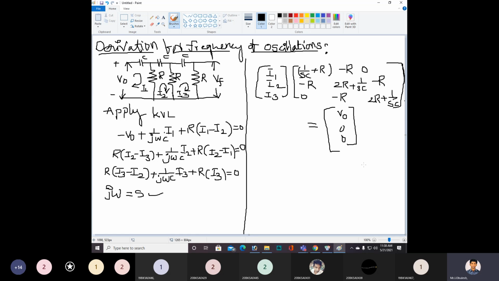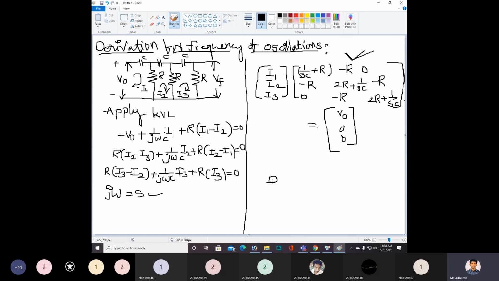So by using Cramer's rule to obtain the I3 value, we need to take only this matrix with the help of Cramer's rule.